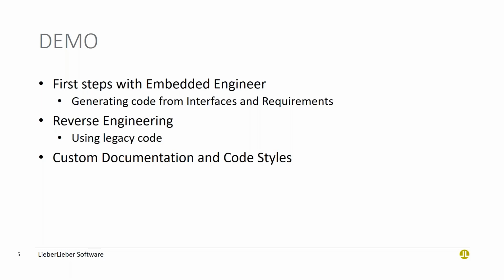I'll show you reverse engineering, first steps of it, how you can import libraries or already available legacy code to use inside your model, and how it will help you with your step-by-step approach. And also, of course, customized documentation and code styles, how you can customize the code to fit your company's coding guidelines. And with this, let's switch over to the Enterprise Architect.